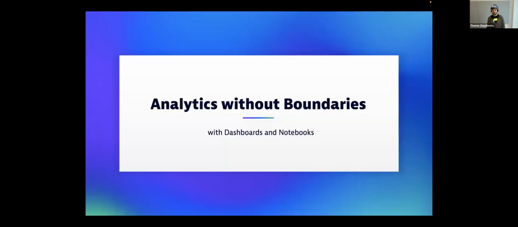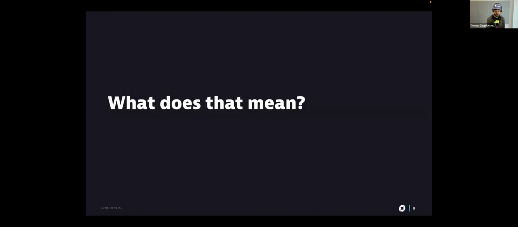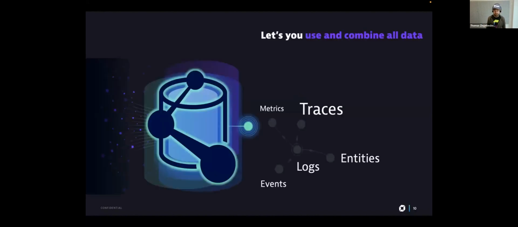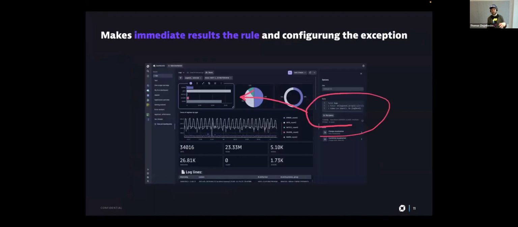And with it, let me start at a very high level at what we think analytics without boundaries actually means, because that's a nice term, but what does it mean? For us, it means exactly what I touched on before. It means having one solution so that all your data types come together. It also means that you get immediate results, which is then the rule, rather than configuring and tailoring, which then hopefully is the exception.